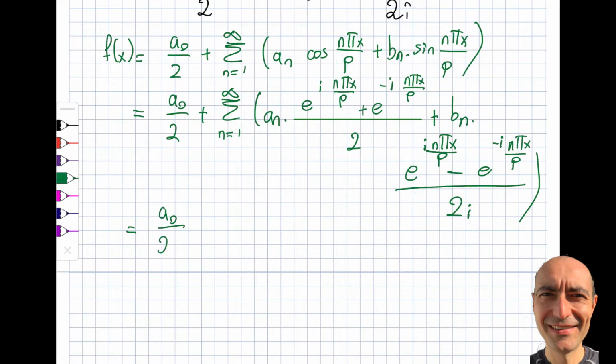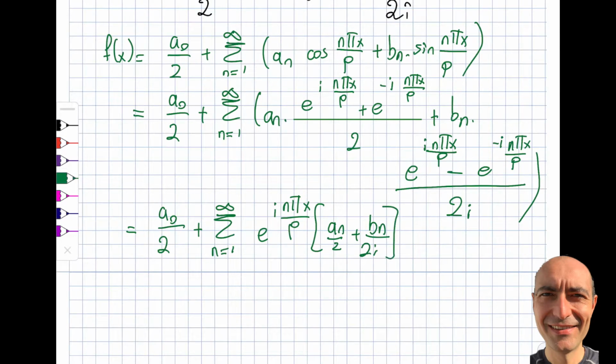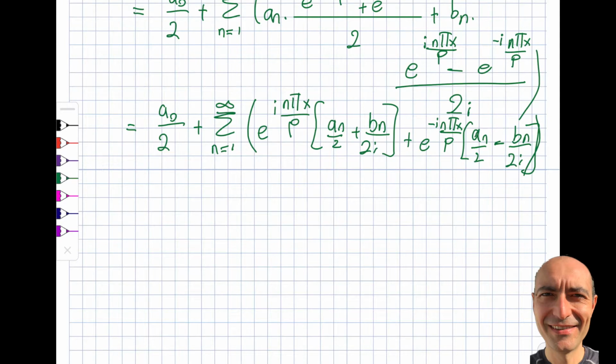So I'll get a0 by 2 plus summation n is equal to 1 to infinity e to the power of i n pi x by p times an by 2 plus bn by 2i, that's the first one, plus I will have e to the power of minus i n pi x by p times, parentheses again, an by 2 is the same, but this time it's going to be minus, not positive, bn by 2i. Okay, so that's what I wanted to establish. So now I will actually rename these.